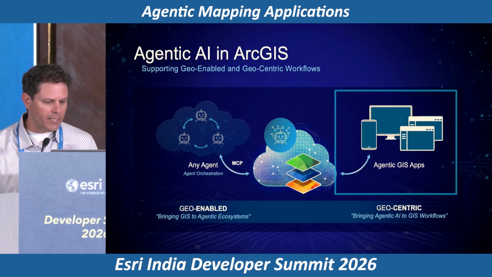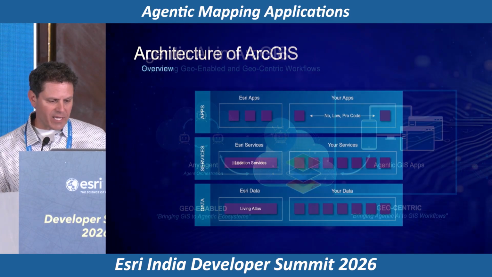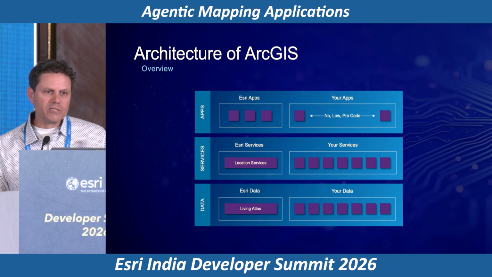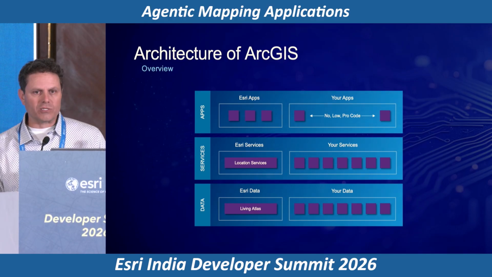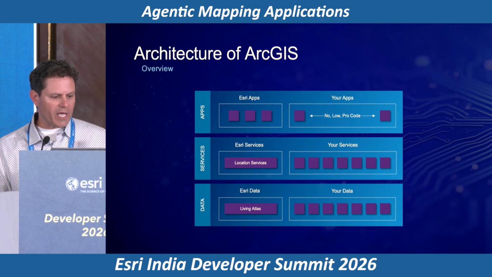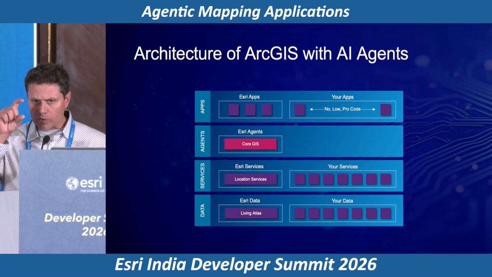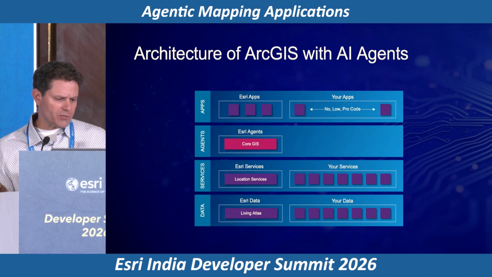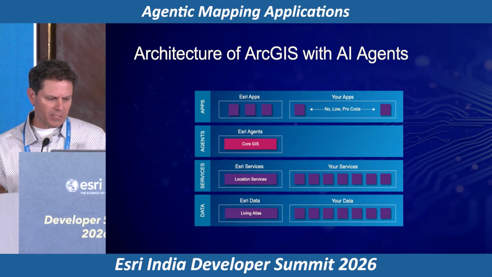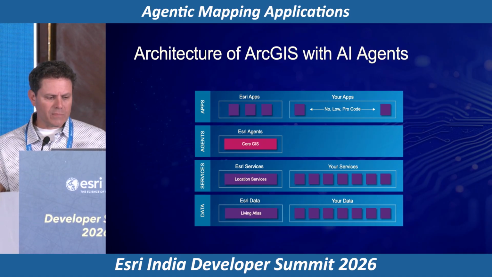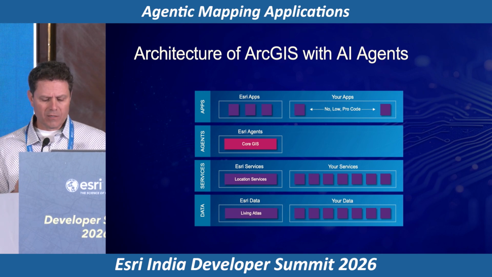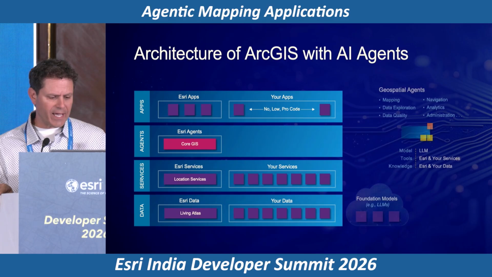So let's focus on agentic GIS applications. Here is the architecture diagram that we saw on the first day of the plenary. When we start to talk about agents, a new layer or tier gets created, and it's an agent tier. These agents represent the core agents, in this case, that come with ArcGIS.